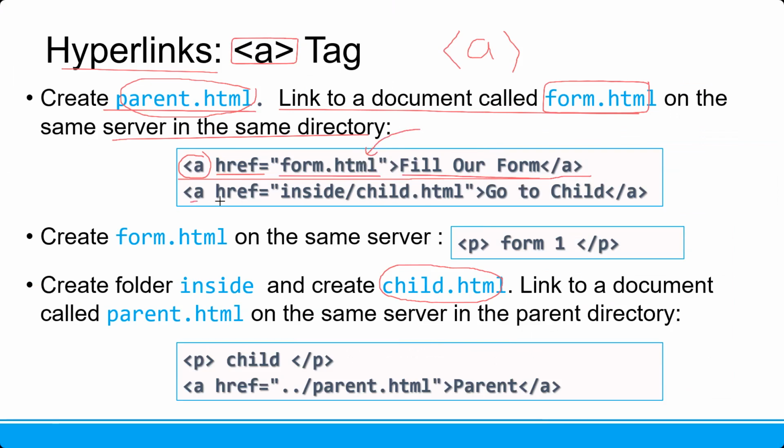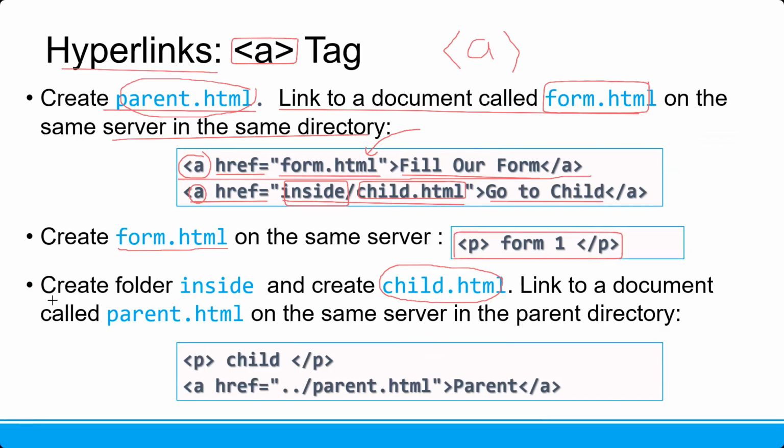And then this one is another HTML reference. We need to start with A. And I want to connect to another file, which is child.html. And this child.html will be in the folder inside. So if I make the text go to child, there will be a link to connect to this file. The form.html, I will just make it very simple with form, like this one.